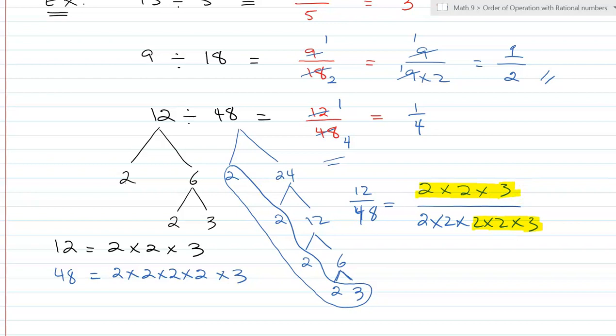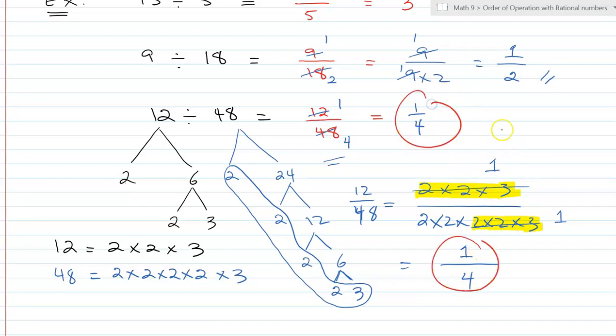When you divide the greatest common factors, you get 1. What is left in the denominator is 4, and the numerator is 1, so that would be 1 over 4, which is what we got before. Same thing. Okay? Perfect.